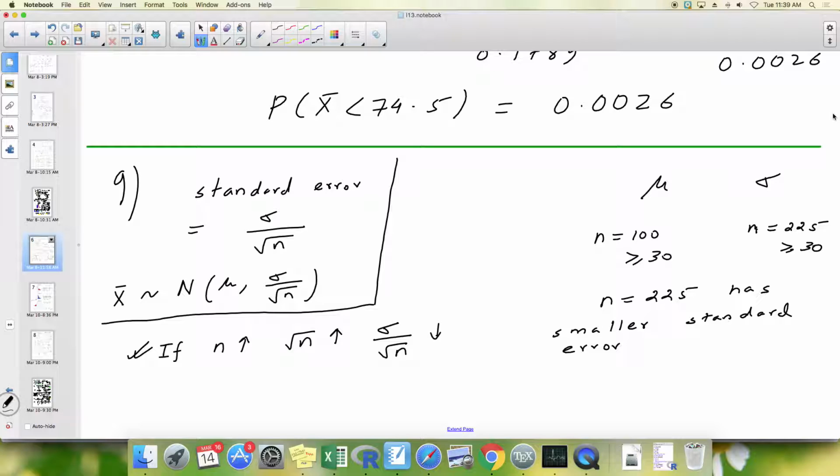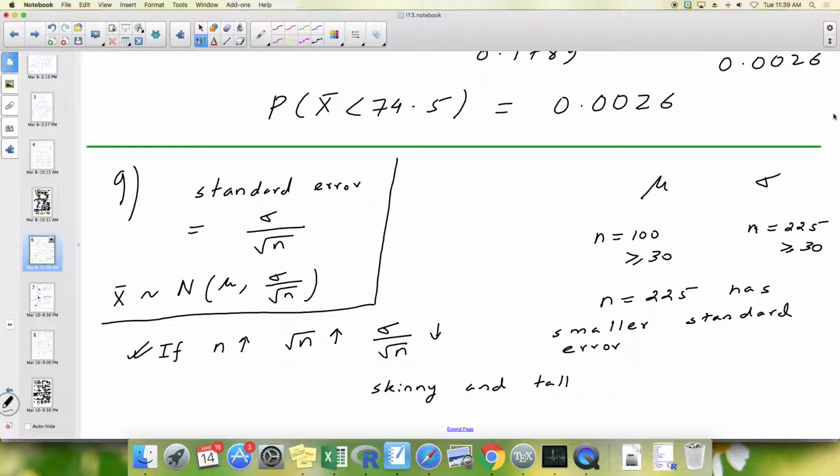So if sigma by square root of n goes down, that means the standard deviation for this normal curve is going down, which will mean it will become skinny and tall. So we shall be using this in the next few problems.